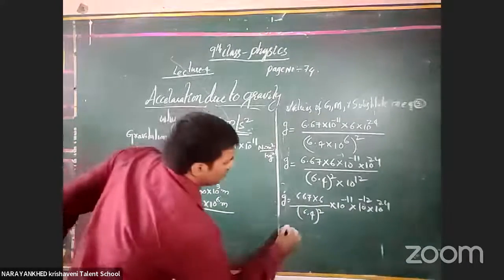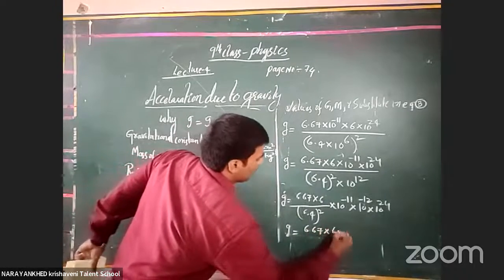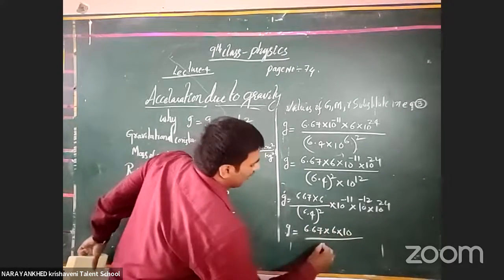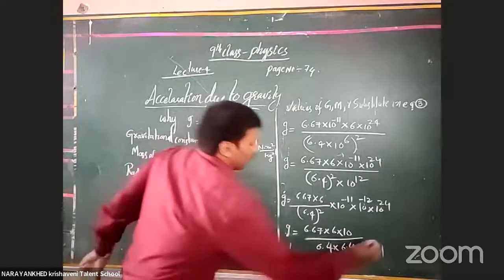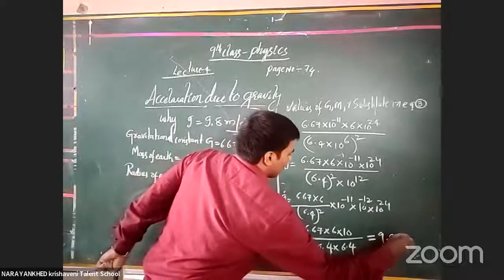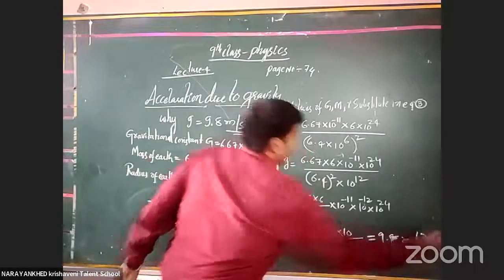Now it is also written as g is equal to 6.67 into 6 into 10 by 6.4 into 6.4. Once you do it, you will get 9.8 meter per second square.